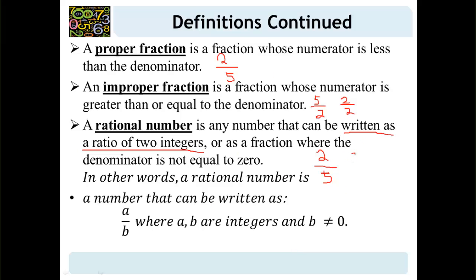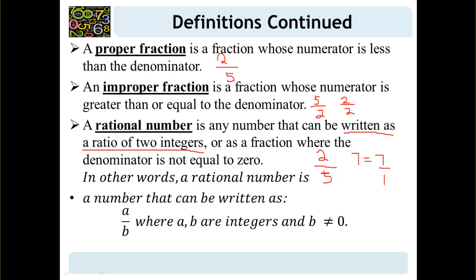If you have something like 7, you will see that 7 is a whole number. It is also a natural number. But can you write 7 as a ratio of 2 integers? Yes, because 7 means 7 over 1, 7 divided by 1. 7 here is an integer, 1 here is an integer.